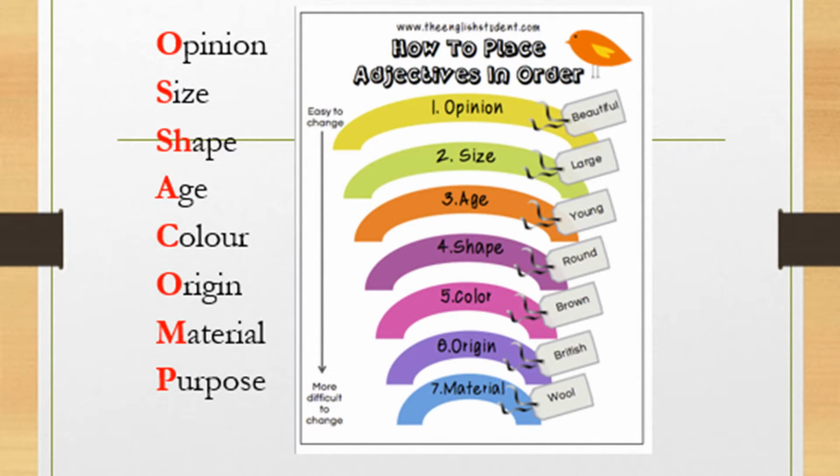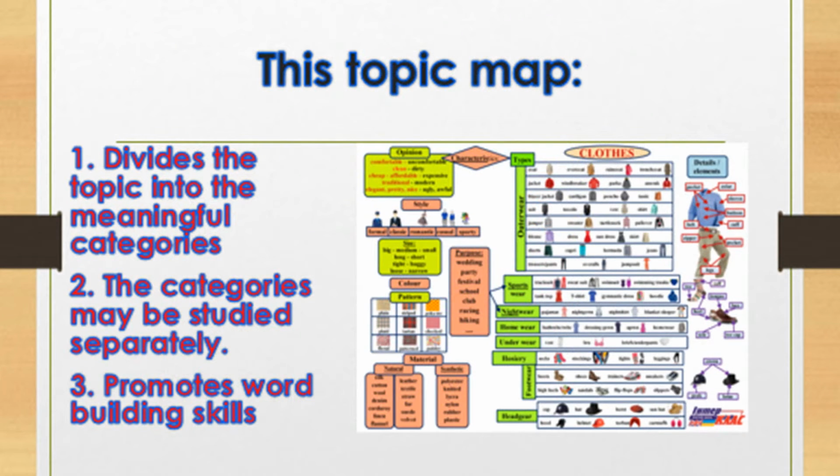So we teach our kids shape, size, age, color, origin, material, and purpose. You will find all these details in our courses. And also they can talk about their opinion of this or that object. And this is how we build the topics, and this is how the topic map looks like.